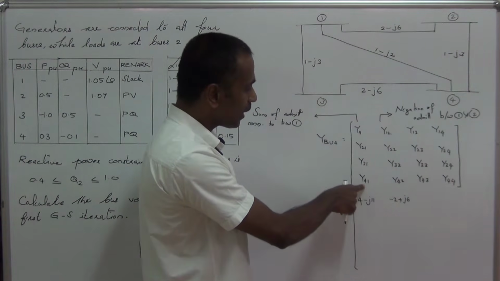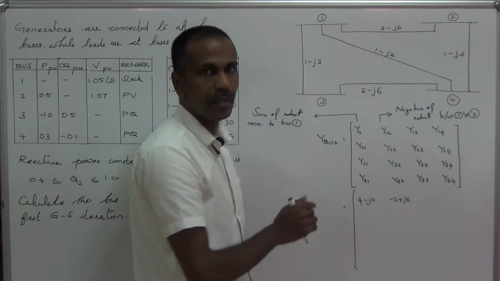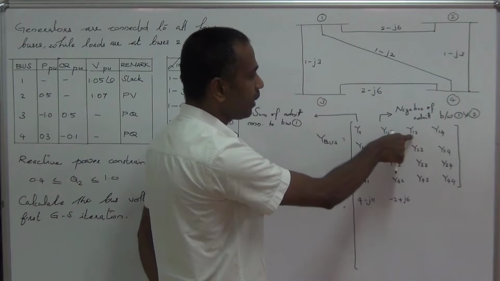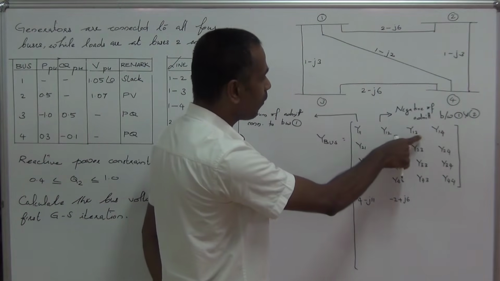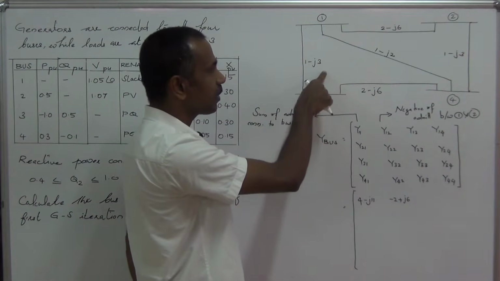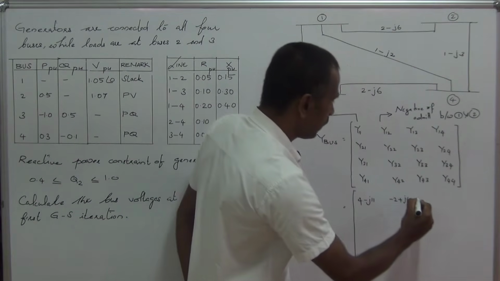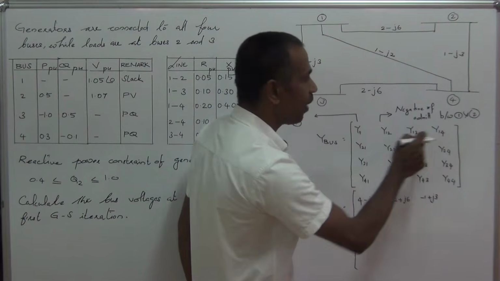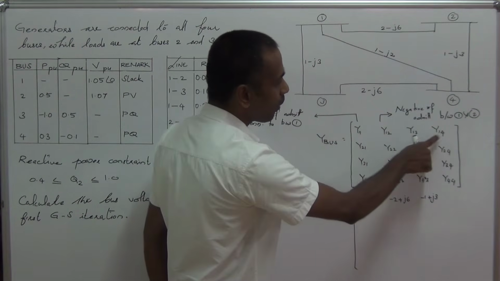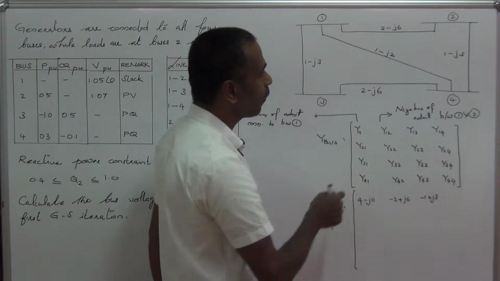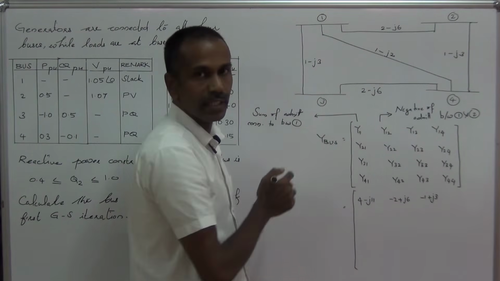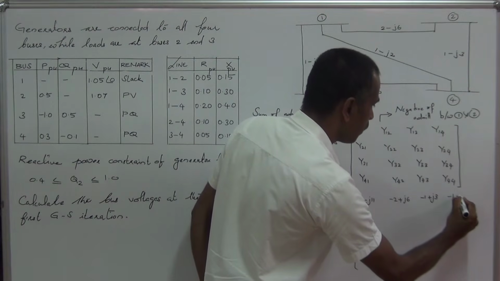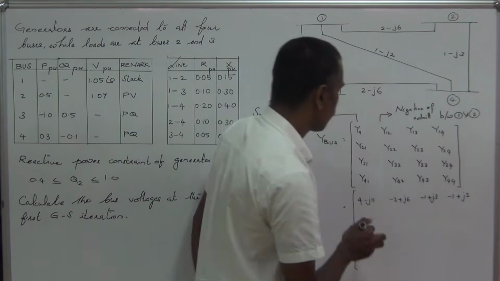The negative of the admittance connected between bus number 4 and bus number 1. Now Y13: negative of the admittance between bus 1 and bus 3, minus of 1 minus j3, so it is minus 1 plus j3. Y14: negative of the admittance between bus 1 and 4, minus of 1 minus j2, so this is minus 1 plus j2.